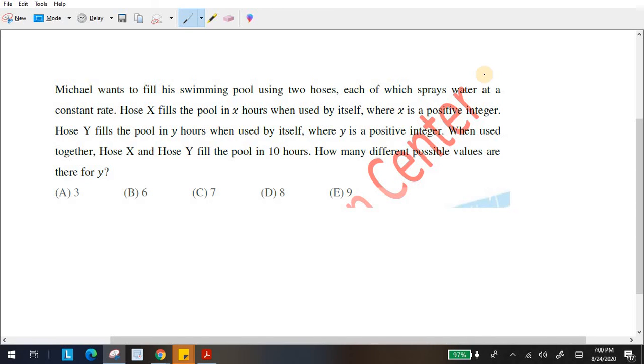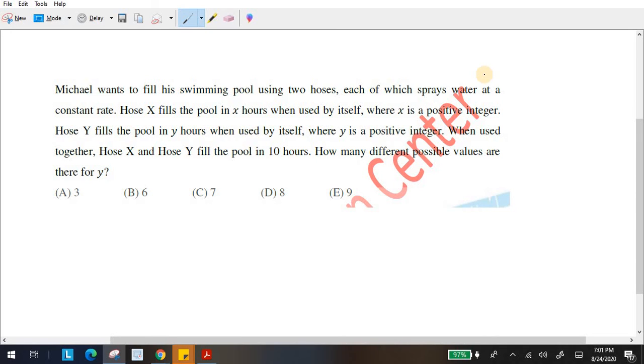But right here, X and Y maybe aren't the same thing, so you'd have to multiply. How can you do this?